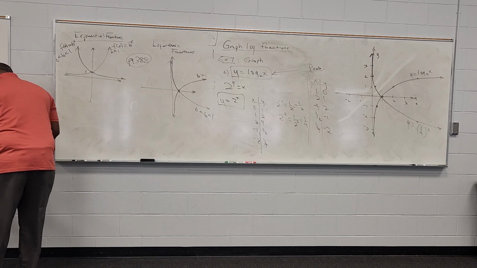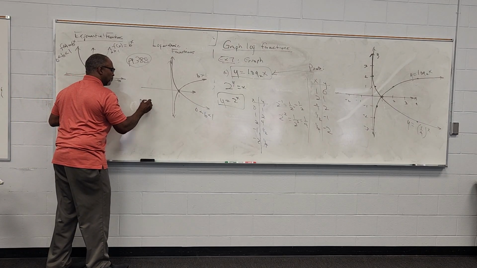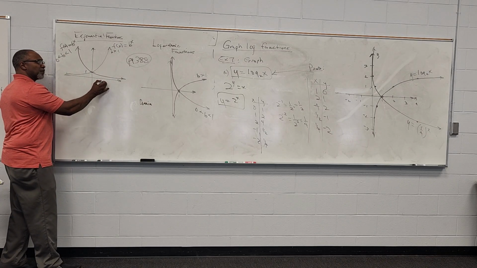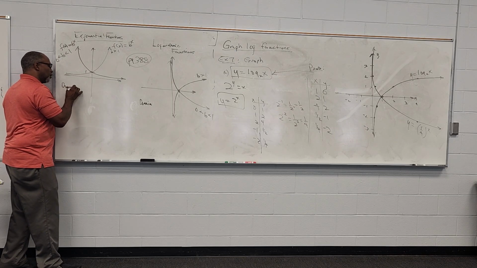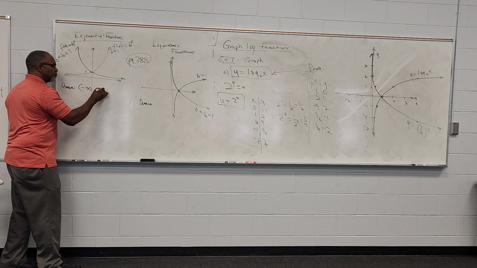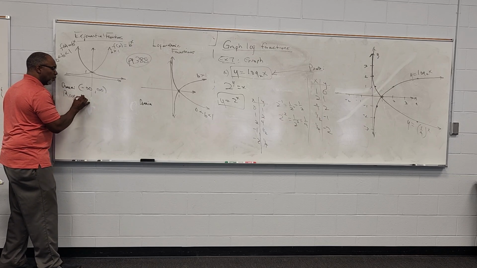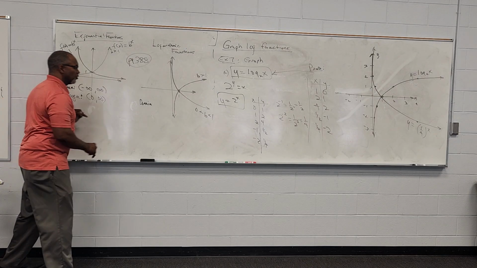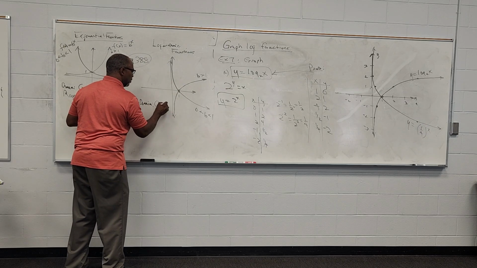Okay? And so we can talk about the domain. And that's the beauty of knowing these functions. For these exponential functions, the domain was everything. The range was from 0 to infinity. So for log functions, the domain is now from 0 to infinity.